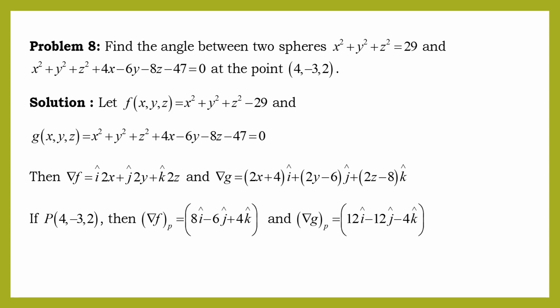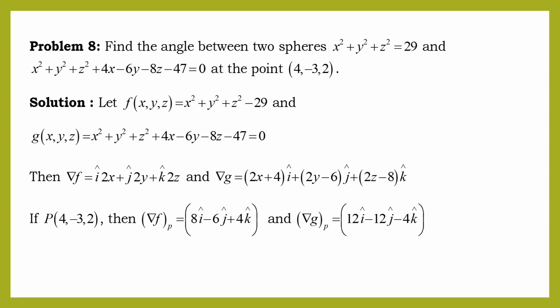There, we found the angle between unit normals to the surface at the given two different points. But here, we have to find out the angle between these two surfaces at the given point.